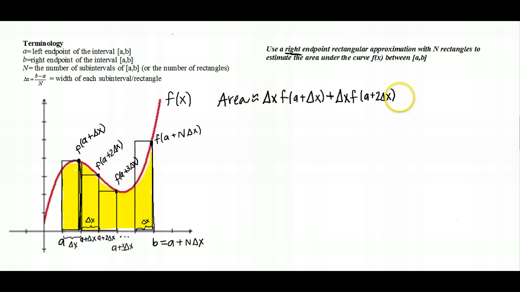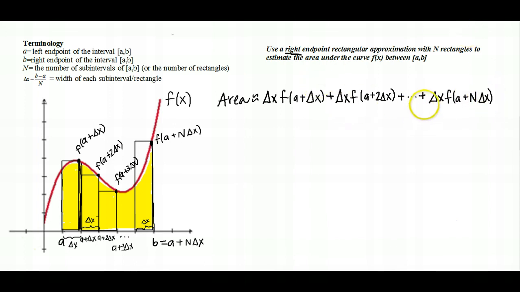And then finally, we're going to put plus dot dot dot plus, because there are n rectangles, so there might be who knows how many in between, until we get to the very last one. The last one still has a base of delta x, but this time the height is f of a plus n delta x.